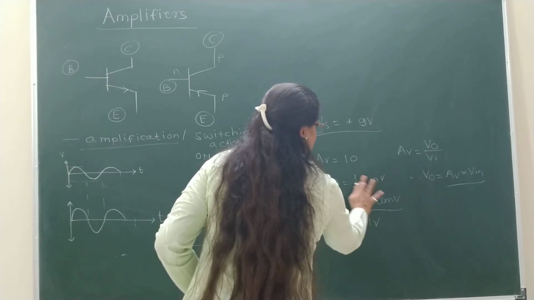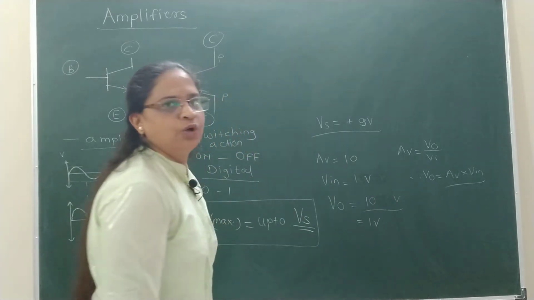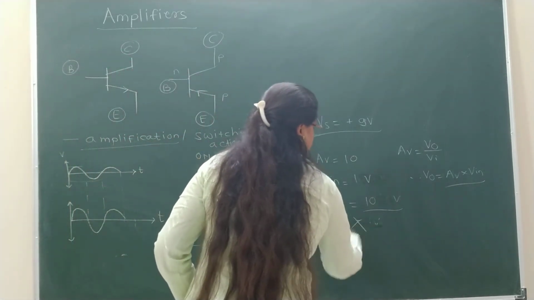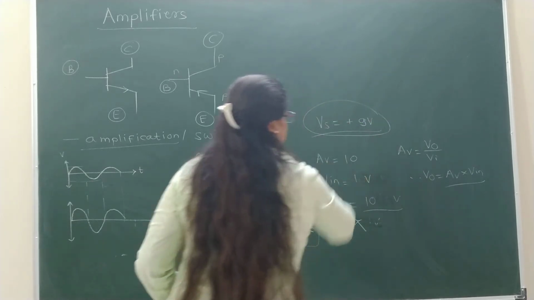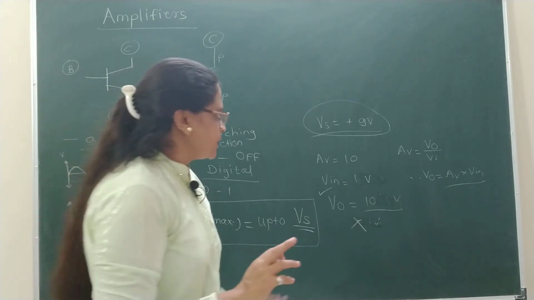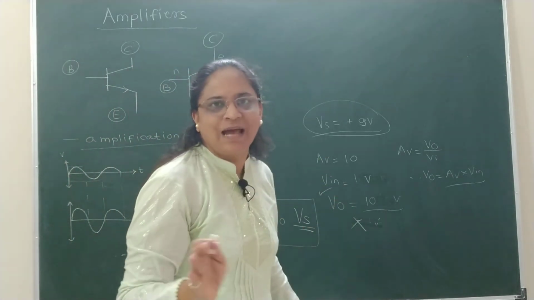And when there is 1 volt input, it is expected to be 10 volt as the output, which is theoretically correct, but practically it is not at all possible because the maximum supply voltage is 9 volt. So always take care of these theoretical and practical approaches.